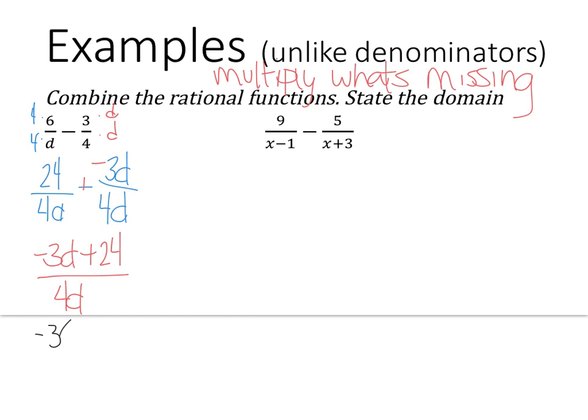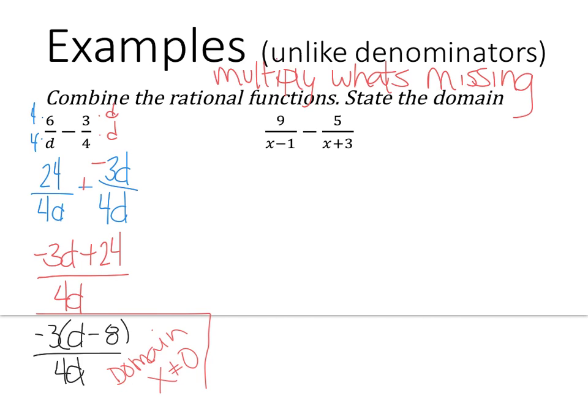That's negative 3, which leaves me with d minus 8 all over 4d. Again, that doesn't help cancel anything, but you always have to check. My domain here is that x cannot equal 0.